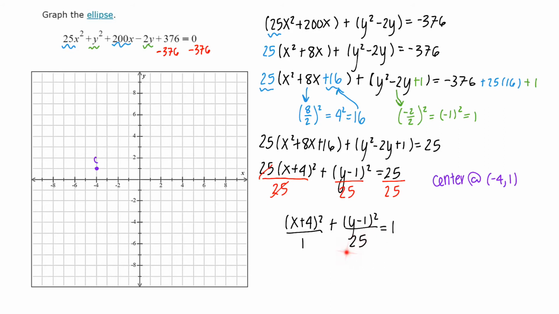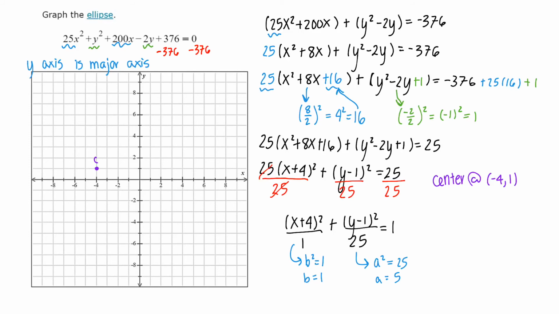So the bigger number is underneath the y, which means that this is a squared. A squared is 25, a is equal to 5, and the y-axis is the major axis. Here we know b squared is 1, so b is equal to 1.